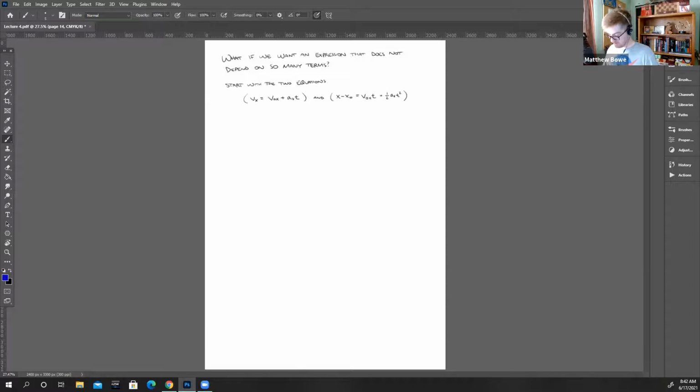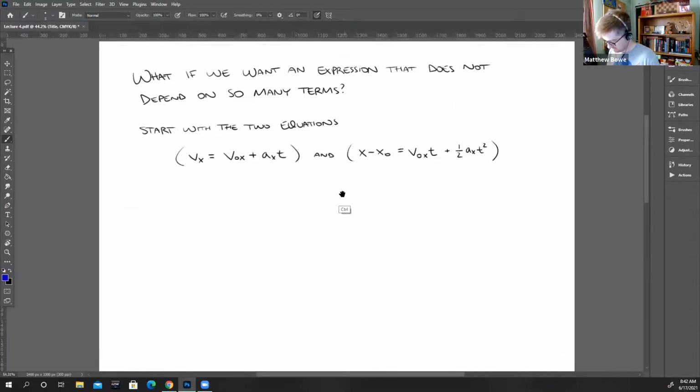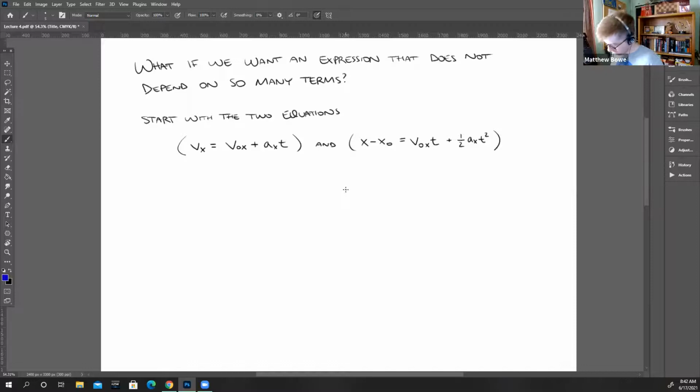So we will start with those two equations I have just listed, and we're going to just plug them into each other and solve for t. It's really me just walking through a couple steps. At the very end, we will get something valuable.